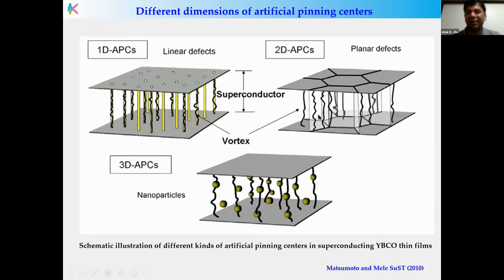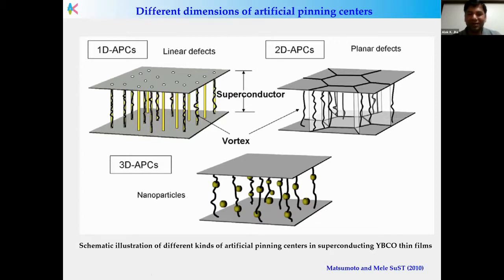And we have some planar defects like twin boundaries, etc. These are two-dimensional artificial pinning centers. And we can control the twin boundaries by various annealing conditions. The third kind of artificial pinning centers is the three-dimensional, that is the nanoparticles.